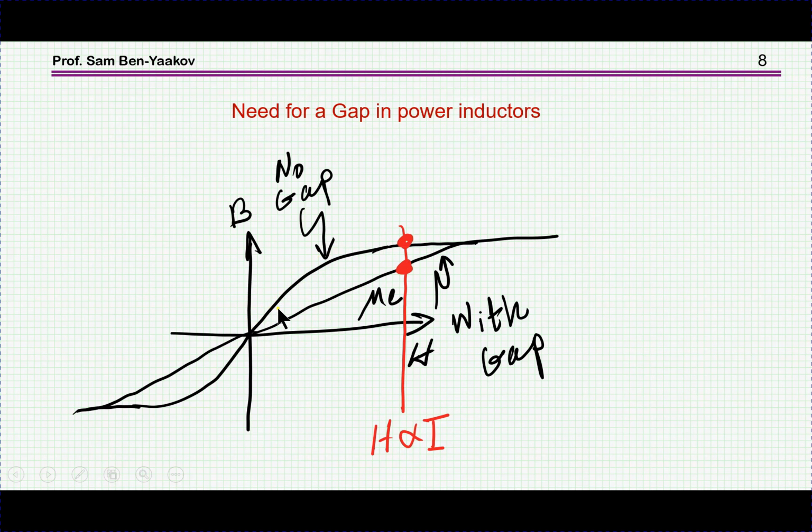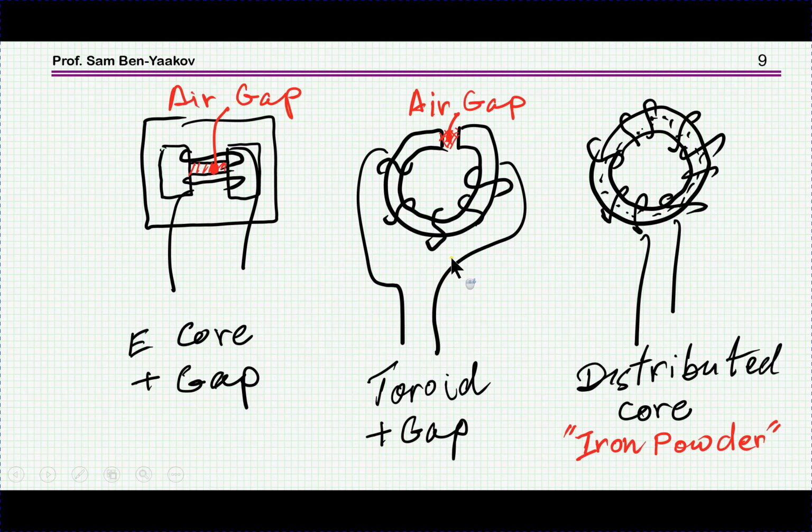If we sort of dilute the permeability by adding a gap, and this is explained in the videos that I've linked or referred to, then the equivalent permeability is lower. So with this same current or magnetic field, we are not going to hit saturation. So this is the rationale for adding a gap to lower the equivalent permeability of the material, so as not to go into saturation.